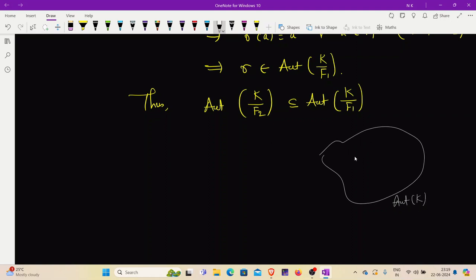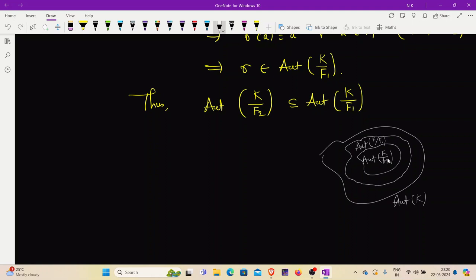And out of all these automorphisms, you are selecting automorphisms of K which fix F2. So suppose these are automorphisms of K, those which fix F2. And we have already established that this set is contained in automorphisms of K over F1, right?